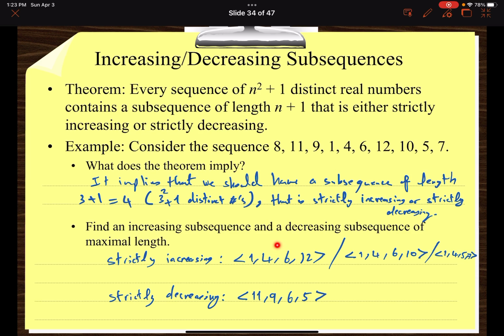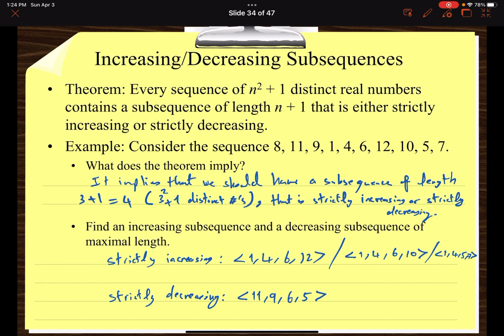If the sequence was all increasing, does it have a subsequence of length 4 which is strictly increasing or strictly decreasing? Of course, it has. It has more. It doesn't have decreasing, right? What does the theorem say? It says or, not and.